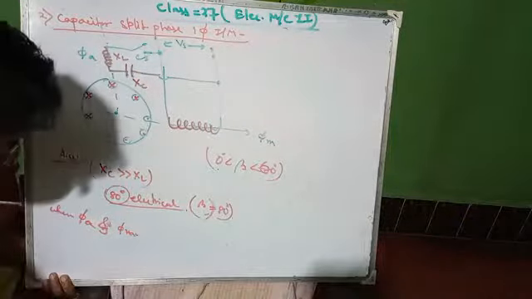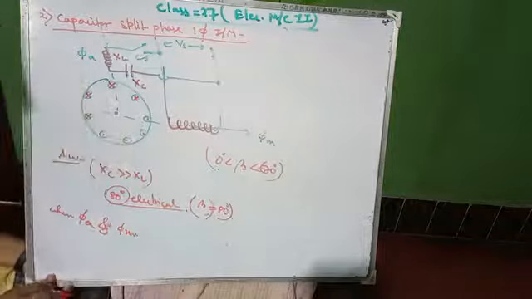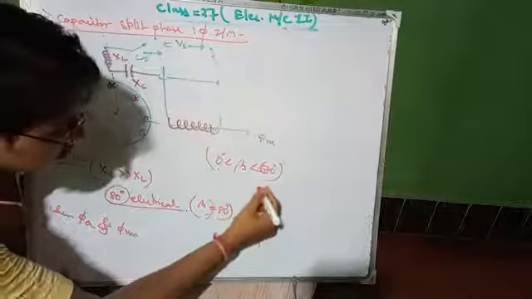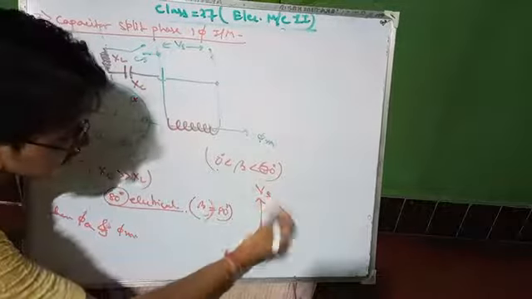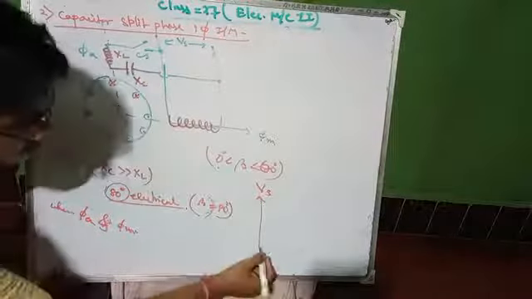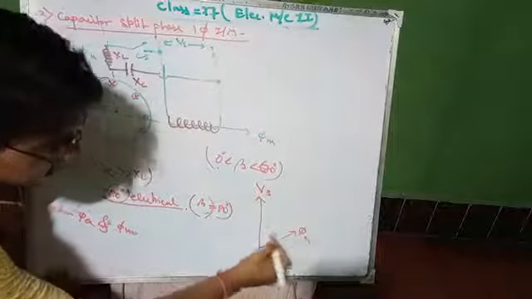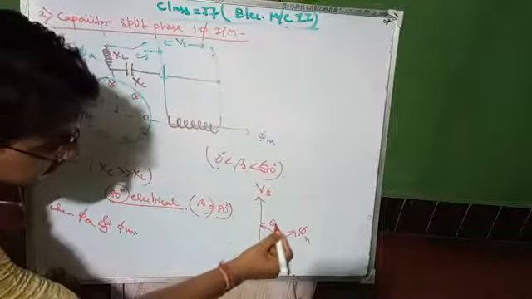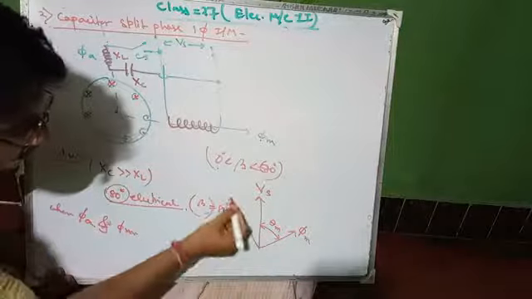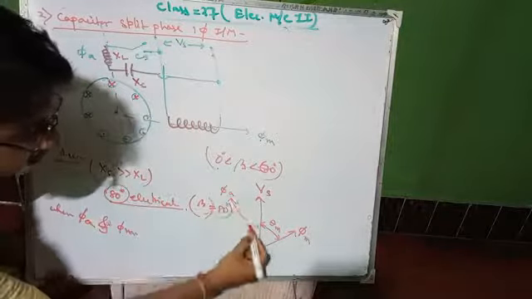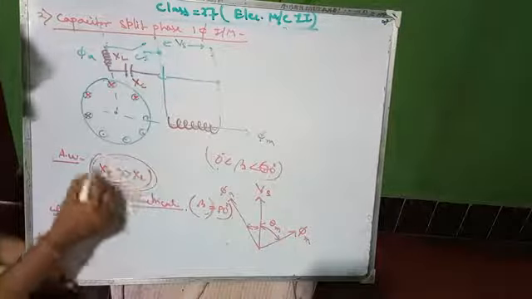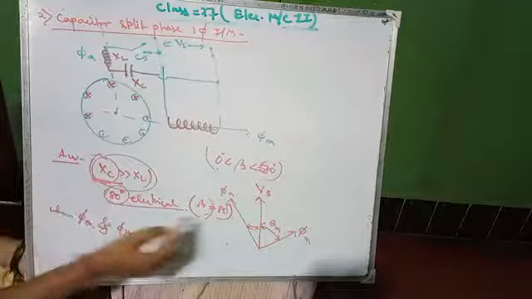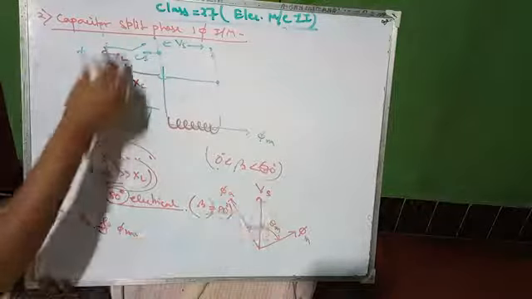Now the phasor diagram. Consider Vs as the reference phasor. The main winding flux phi M lags by angle theta M, and phi A will lead in the other direction by some angle theta A, because the larger XC is present, so it looks like a capacitive circuit.